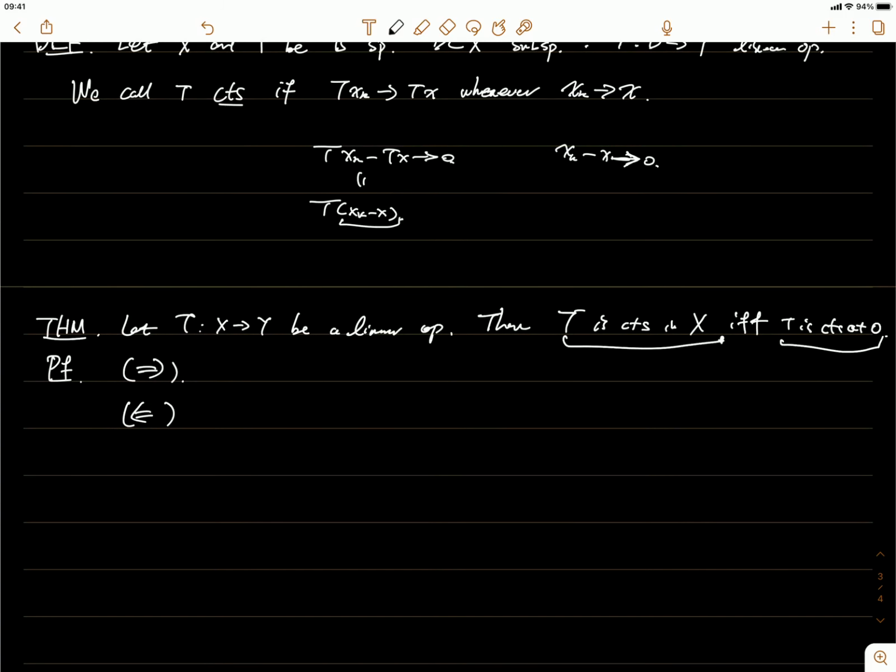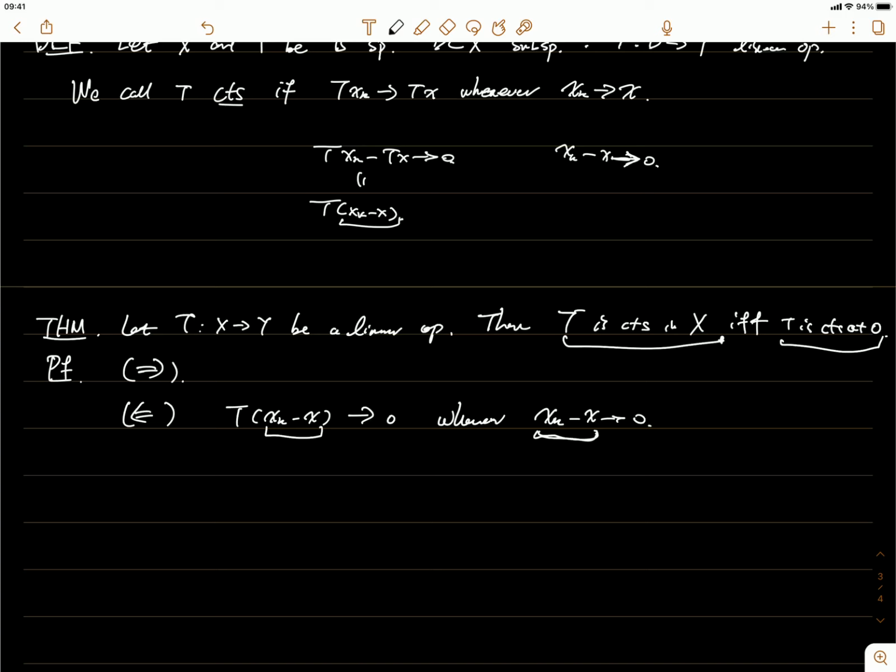If T is continuous at 0, that means T of xk minus x will converge to 0 whenever xk minus x goes to 0. Because this goes to 0, we have this, and that means T is continuous.